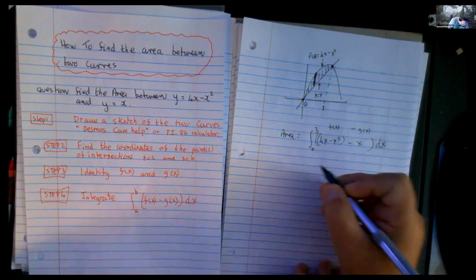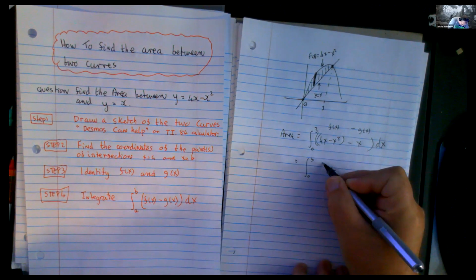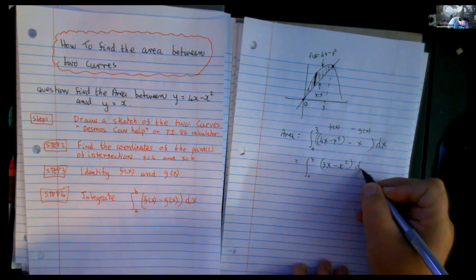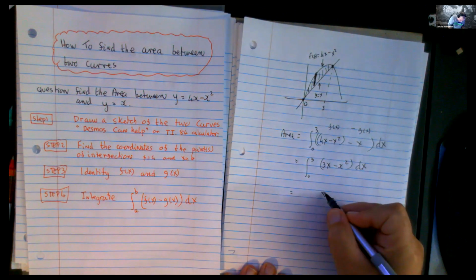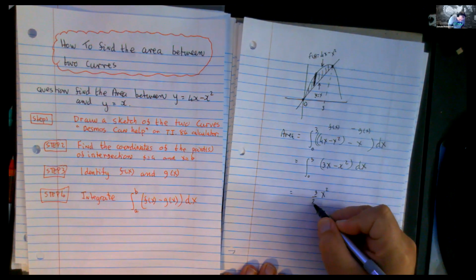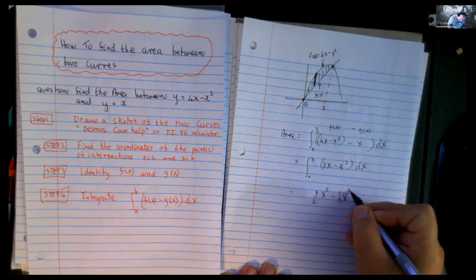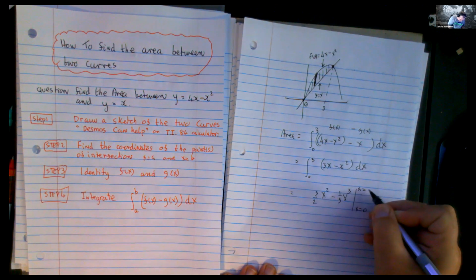And next line, 0 to 3, 3x take away x squared. Use a power rule on that, so add 1 to the power, divide by the new power, add 1 to the power, divide by the new power, evaluated at 0 and at 3.